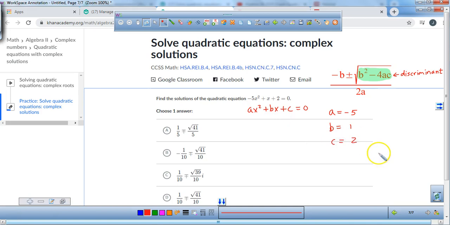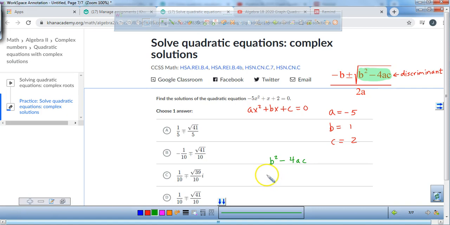It's a 2. So what we're going to do is we are going to find the discriminant first. So we're going to do b squared minus 4ac. So I'm going to use a set of parentheses right here. So we're going to plug in the number 1 right here. We're going to square it.